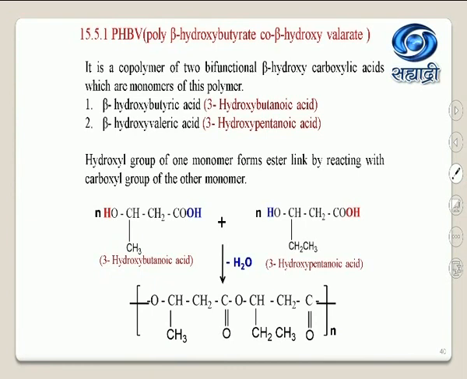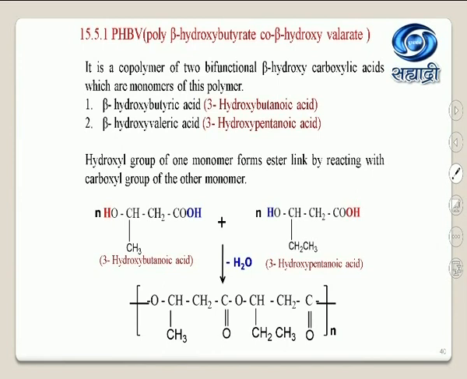And the common name of this 3-hydroxybutanoic acid is beta-hydroxybutyric acid. The common name of this acid depends upon the source, because butyric acid is obtained from butter, and therefore the common name is butyric acid.